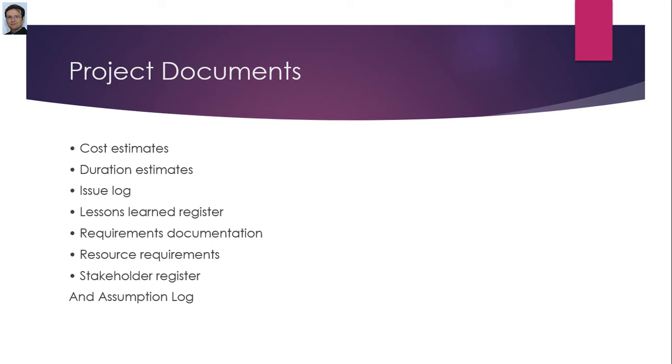You need duration estimates, an issue log, a lessons learned register, requirements documentation, resource requirements, a stakeholder register, and an assumption log. So you need everything at this stage prior to starting your work to identify risk for different activities of your project.